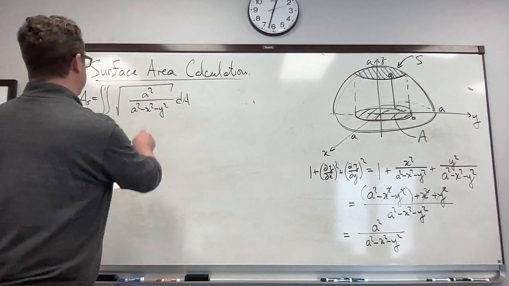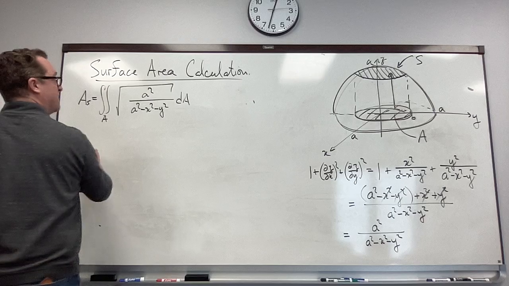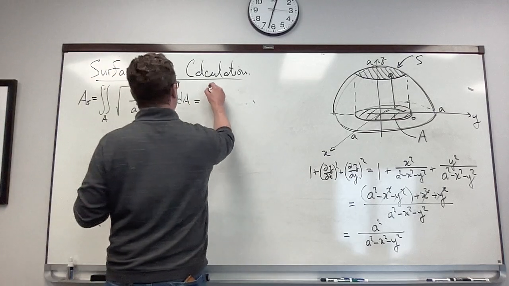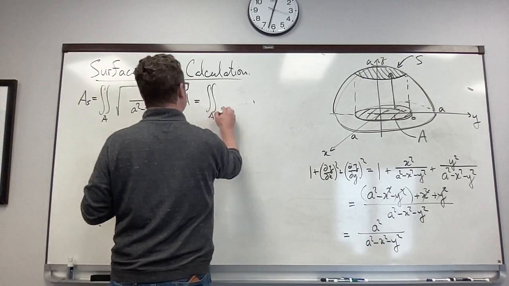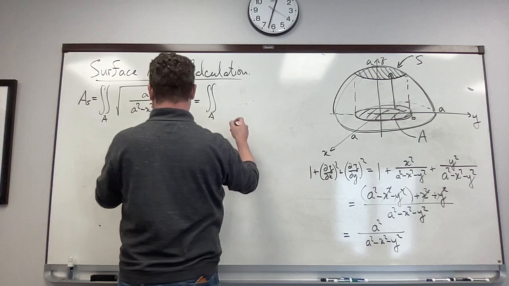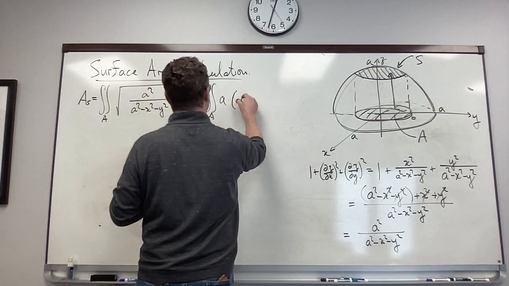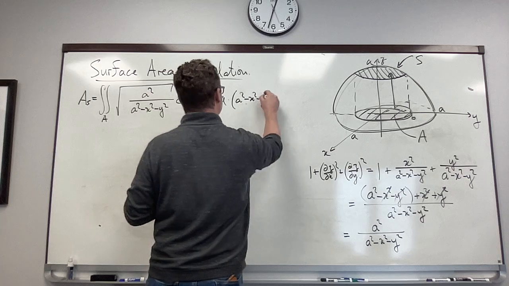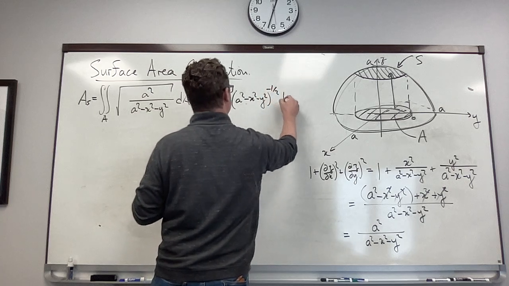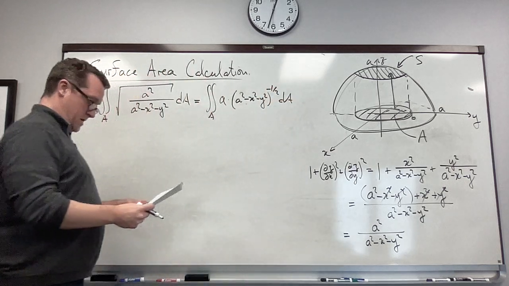Okay. So let's just simplify this for a sec. So that is still this integral, and then we have a out the top, and I'll write this as a squared minus x squared minus y squared to the minus 1/2 dA.